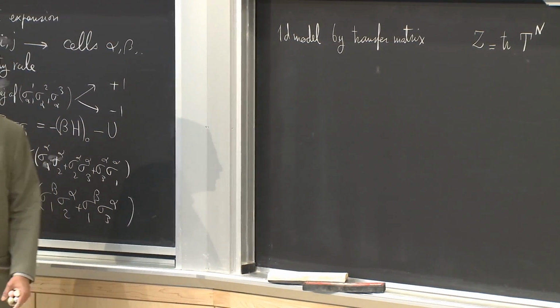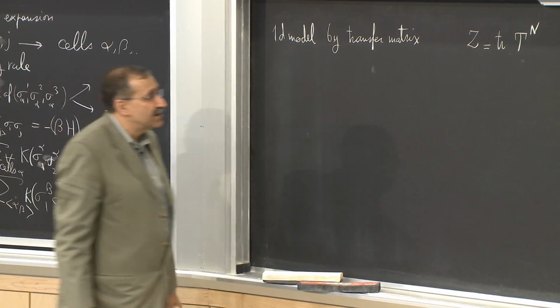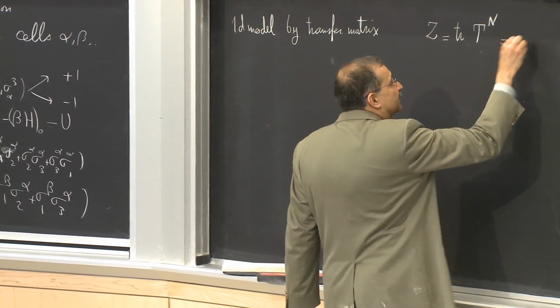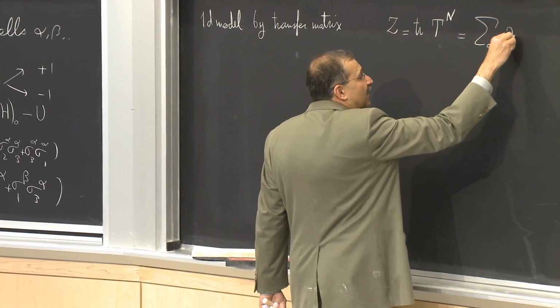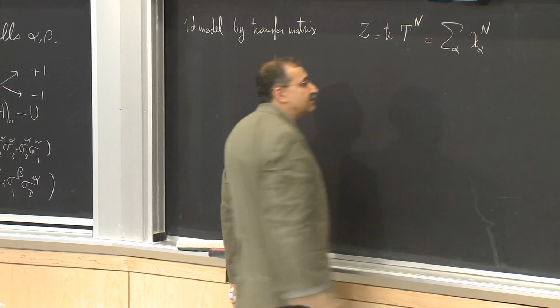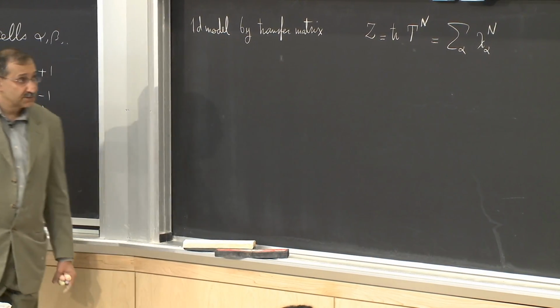Okay? And if I diagonalize the matrix, what I will get is the sum over all eigenvalues raised to the nth power.